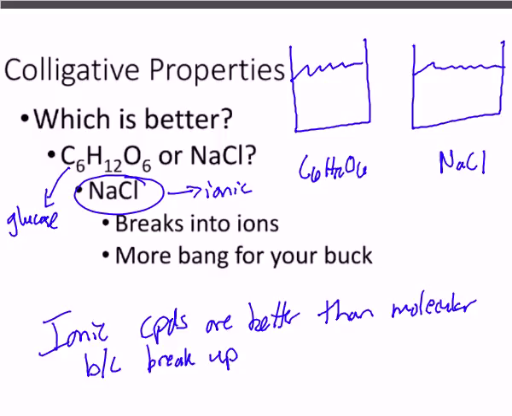I'm just going to represent those with 4 different blocks. So we've got glucose, glucose, glucose, glucose, kind of a solid, all together. Well, when they hit the water, they will dissolve and they will spread out. But there's only 4. They break up into 4 particles because that's what you had.